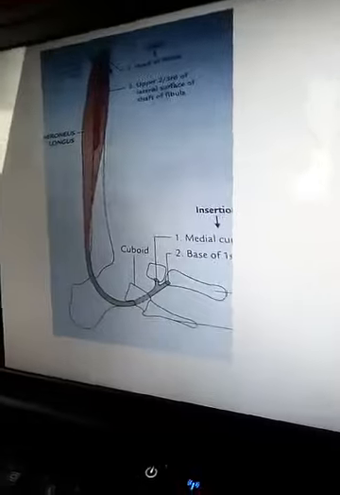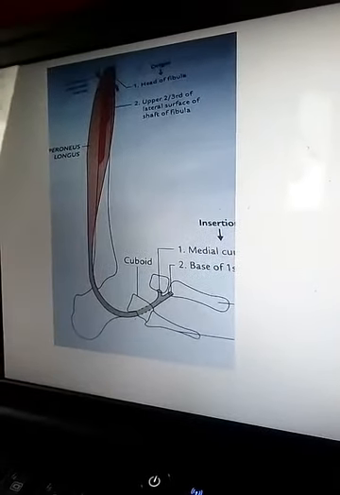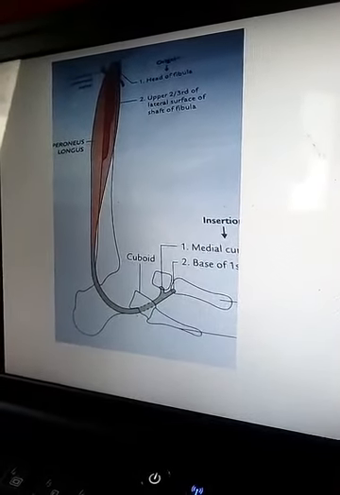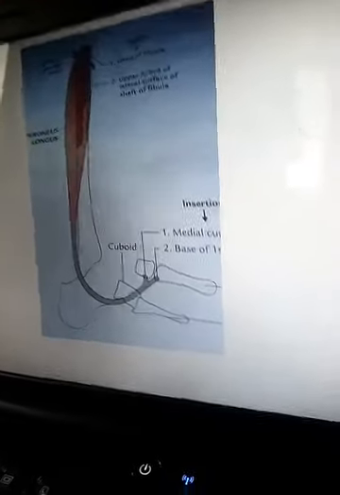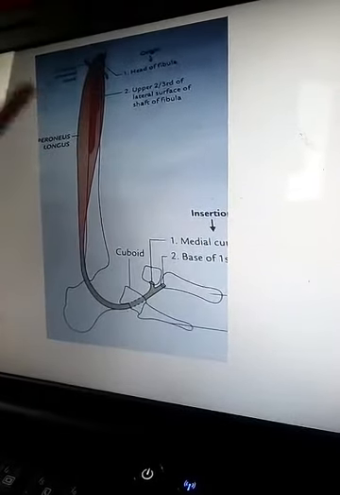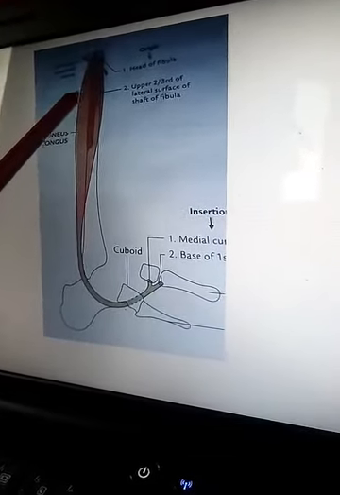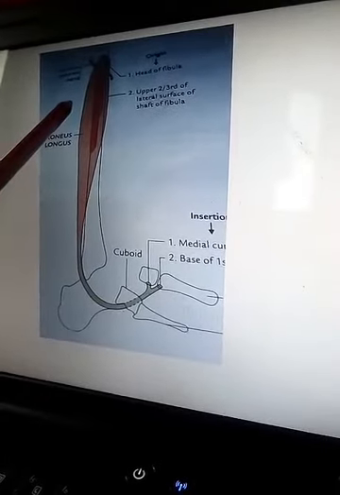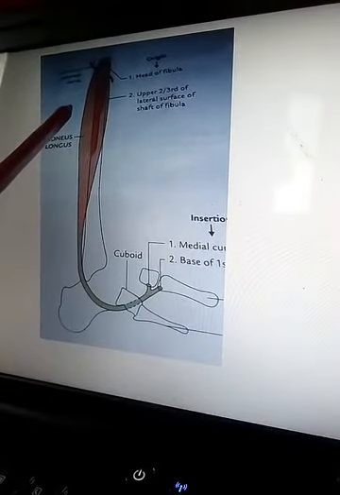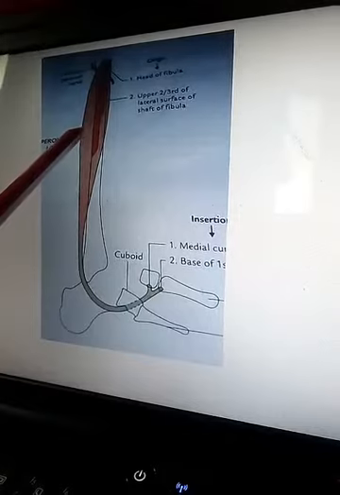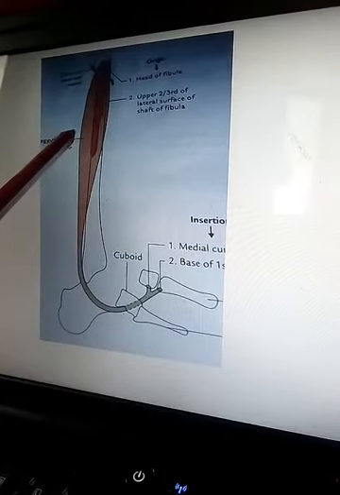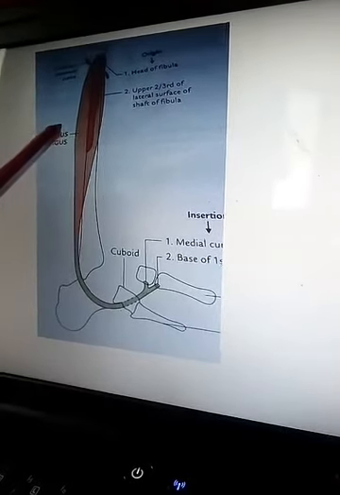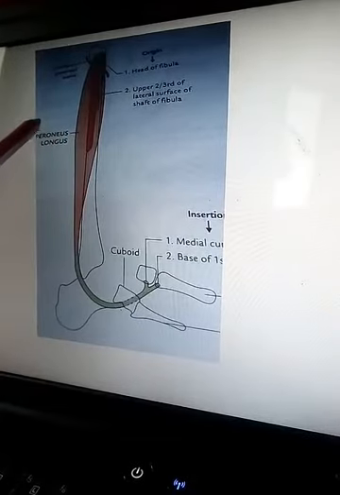Now muscles: Peroneus longus. The Peroneus longus arises from the upper 2/3 of the lateral surface of the shaft of the fibula and the adjacent surface of the head of the tibia, and also from the anterior and posterior intermuscular septa of the leg.